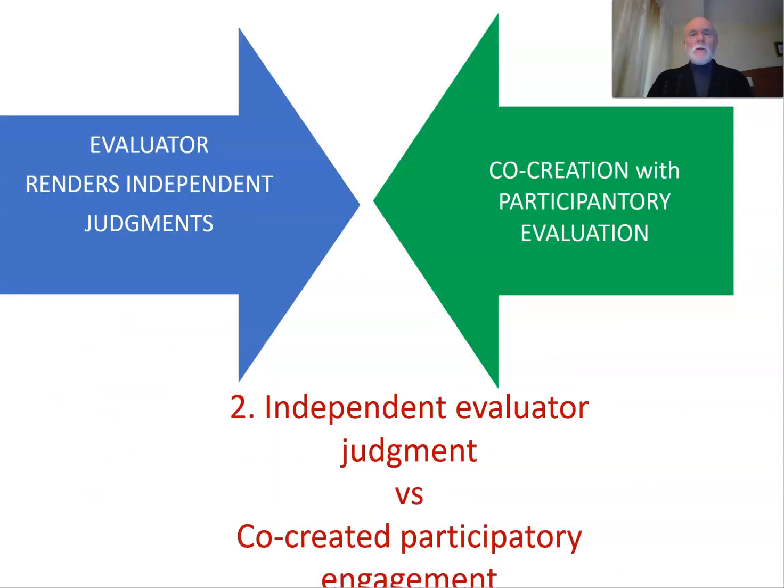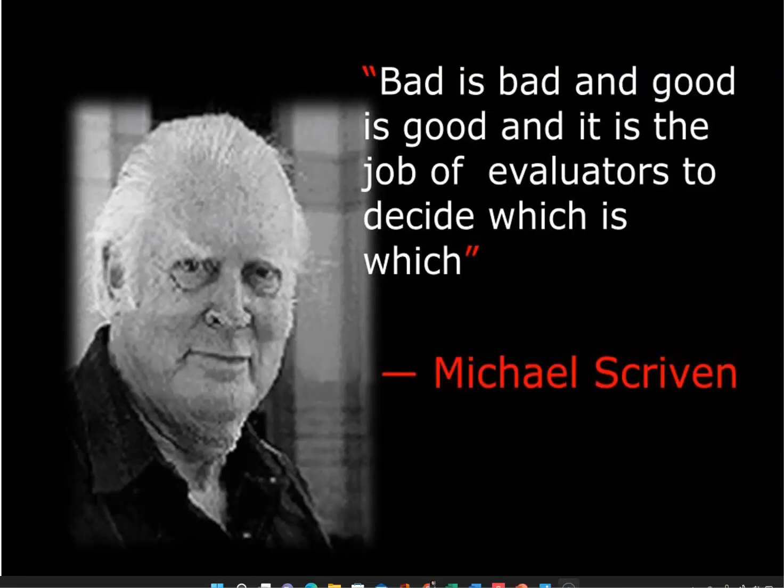Second value distinction is between the emphasis on evaluator independence and rendering independent judgments versus participatory approaches, co-creation, participatory engagement of participants. And so Michael Scriven, for example, has asserted that bad is bad and good is good, and it is the job of evaluators to decide which is which.